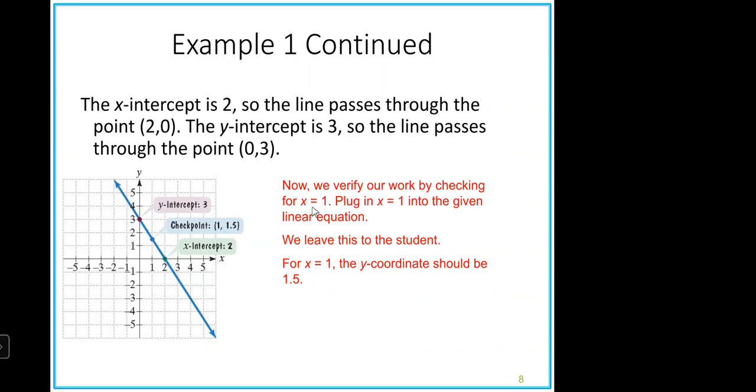You plug 1 into the equation and see if you get the 1.5 that they have at this point here. There are other points you could use. There's a point here, 4 and -3. The line passes through (4, -3). You could use that as a checkpoint.